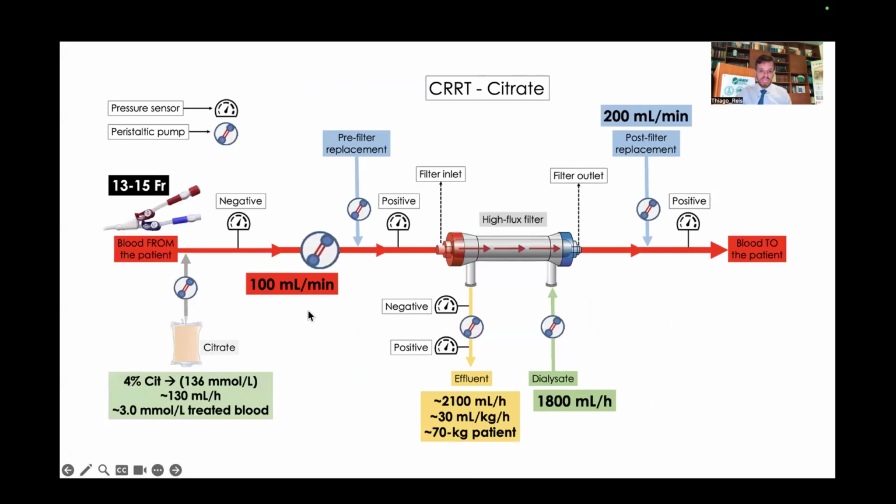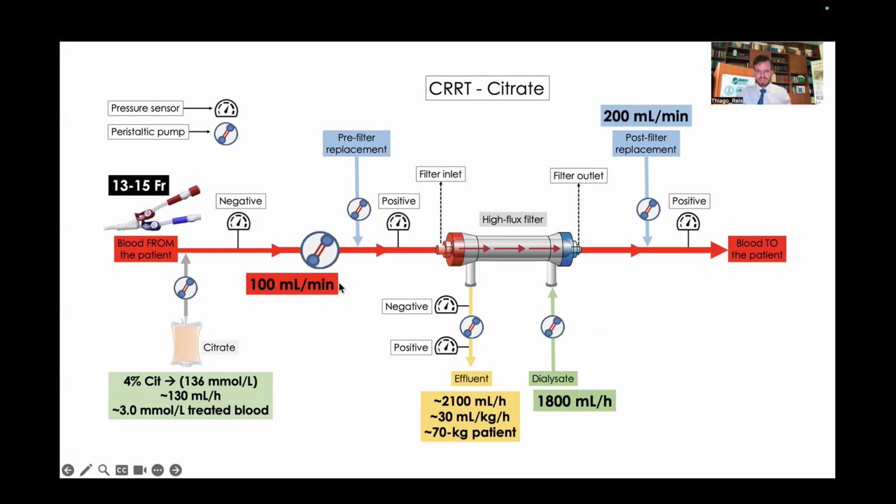And this would be the ideal prescription for CRT in my view. So always wide catheters, 13 to 15 French, regional citrate anticoagulation. So here, in this case, if the patient has a blood flow of 100 mLs per minute, with 4% sodium citrate, the citrate flow would be around 130.